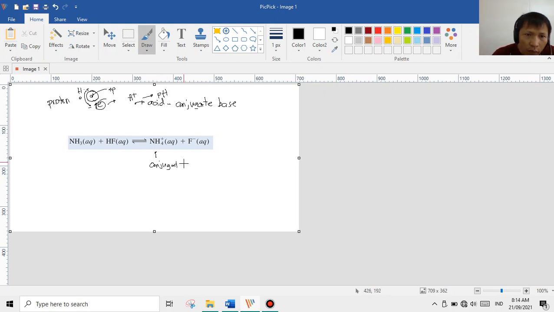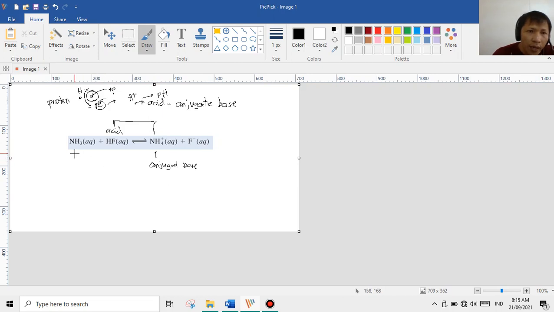Who gave the hydrogen? This would be your acid. On the right side, it is called the conjugate. So we have conjugate acid and conjugate base. This is the acid, and this is the conjugate base.